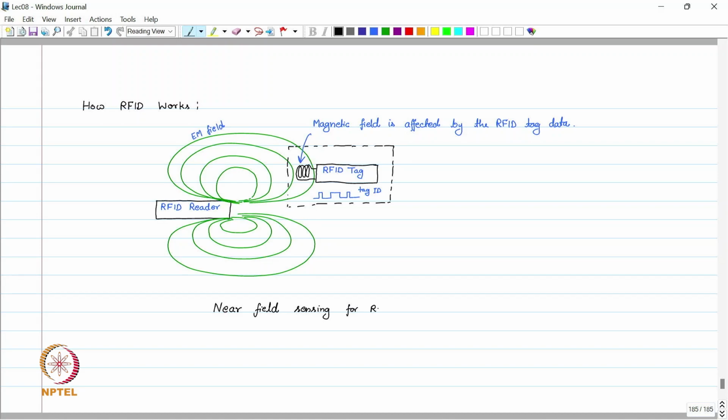For RFID tags, this happens typically at less than 100 megahertz frequency. So this is how this passive RFID tag works.